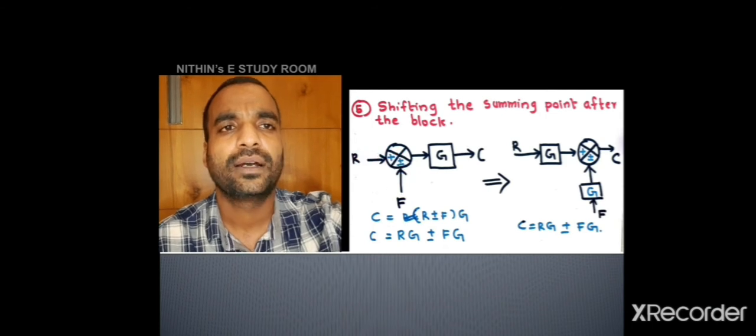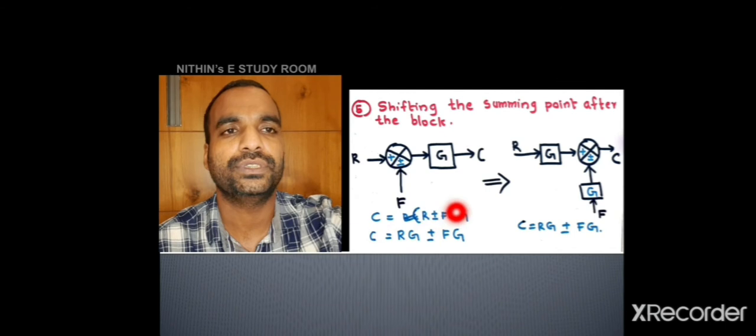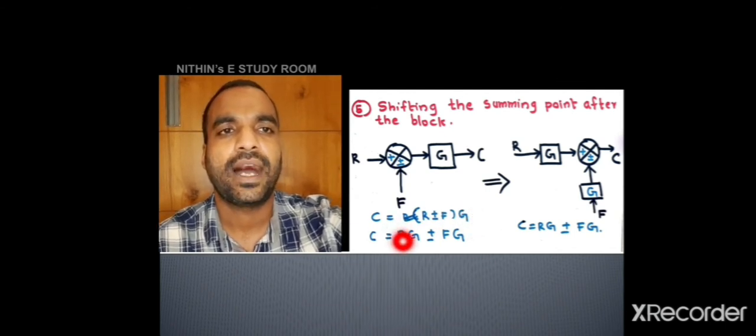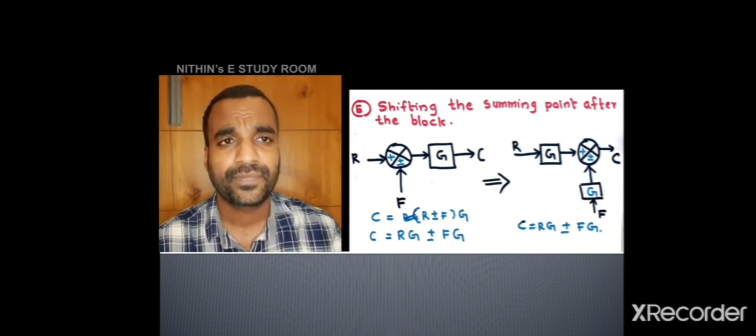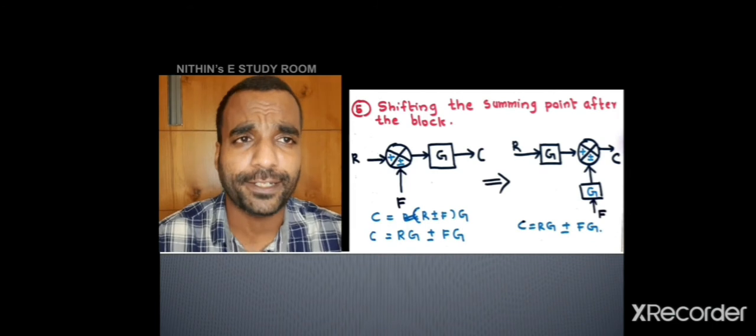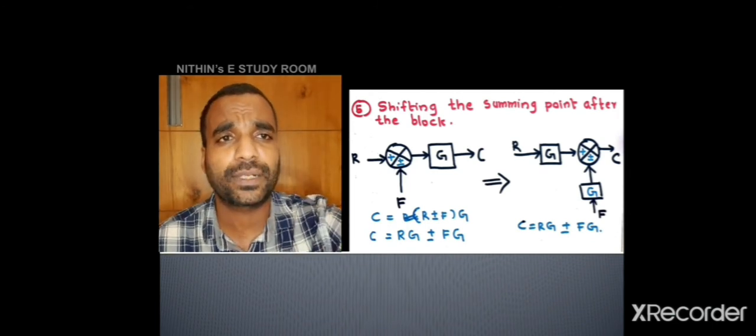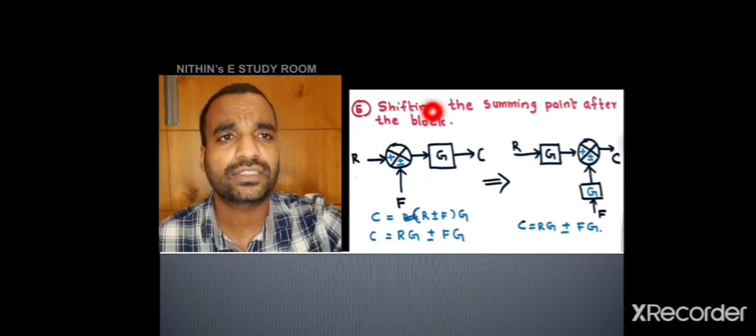So R plus F into G, or R plus or minus F into G. That is nothing but RG plus or minus FG. That is the output you want to obtain. But you are going to shift the summer block to here.